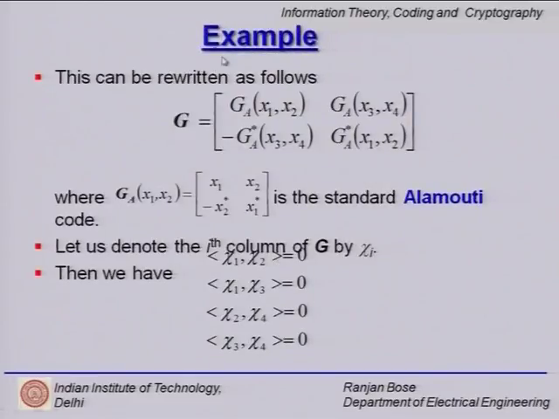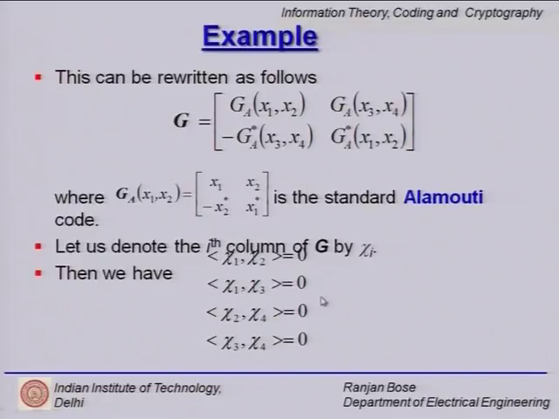So we write G as follows, as we just observed. But what is GA? Well, this is the standard Alamouti code, right? So we denote the ith column of G by chi i, and we look at the chi 1, chi 2 inner product, that is 0, chi 1, chi 3 is 0, chi 2, chi 4 is 0, chi 3, chi 4 is 0.